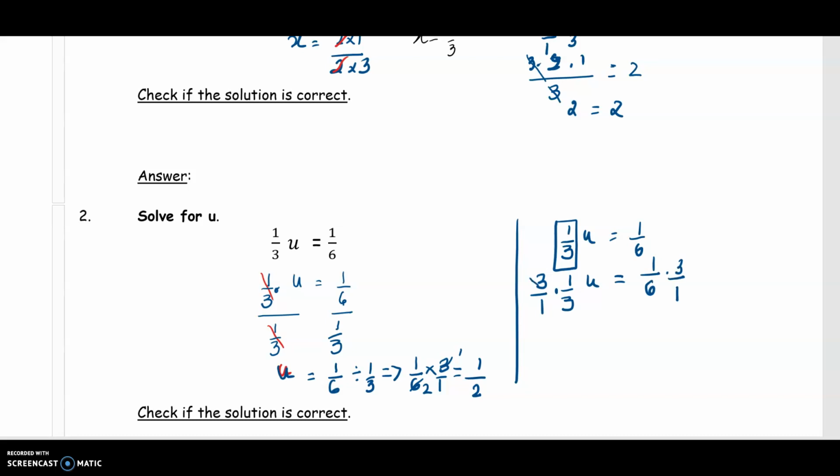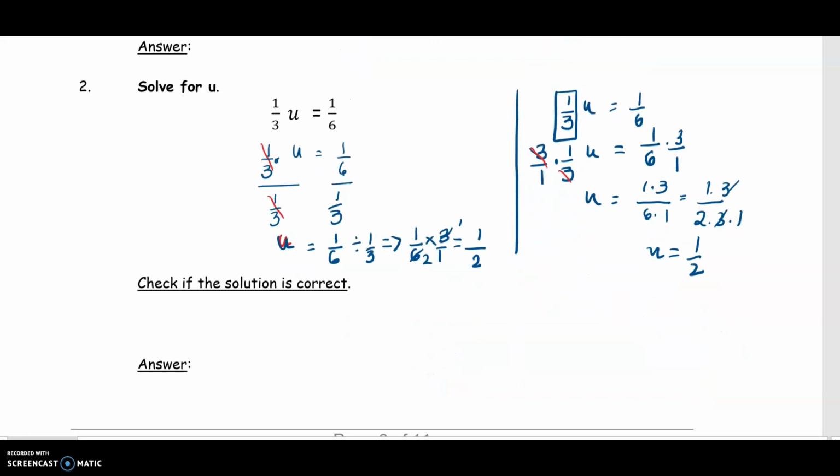So the 3 and the 3 get cancelled, and I'm left with a u on the left, which is equal to 1 times 3 over 6 times 1. I can simplify it. 3 goes 2 times into 6, or you can do it the long way. 6 is 2 times 3 times 1, the 1 from here. I cancel the 3's and I get u equals half.